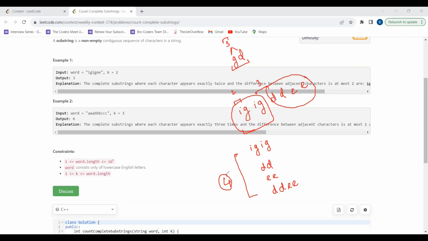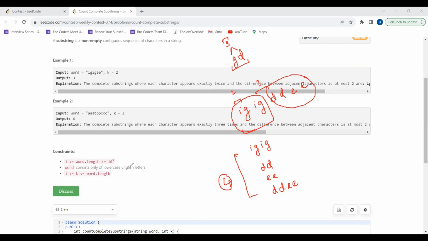So what is the first thing we'll need to do from here? We'll need to partition the array such that the difference between two adjacent characters is not greater than 2. And if the difference becomes greater than 2, we'll partition the string into different parts.